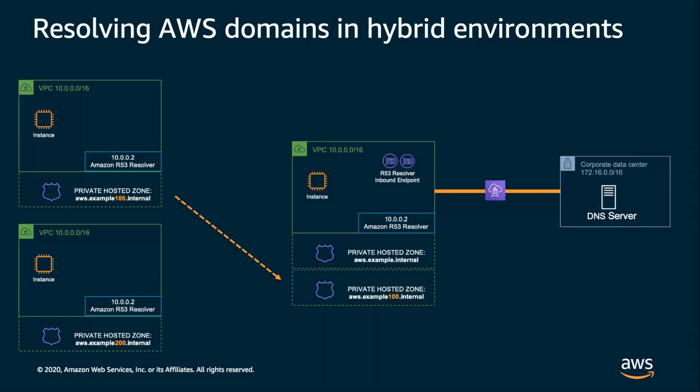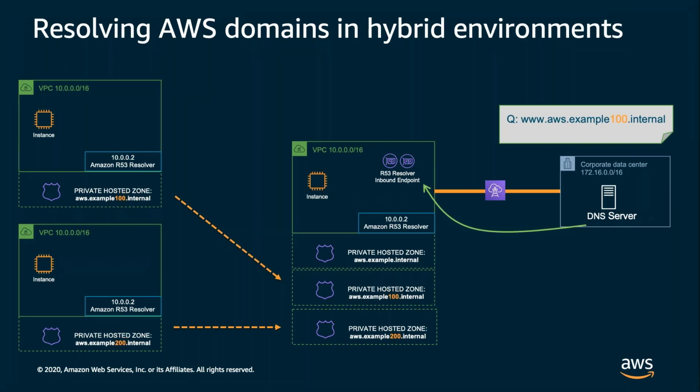Well, we can actually take both of these private hosted zones and associate them to this central VPC, kind of like a shared services VPC would be a good way to think about it. And then in a similar way to the previous architecture, our on-premises DNS service can query these records directly through the inbound endpoint.